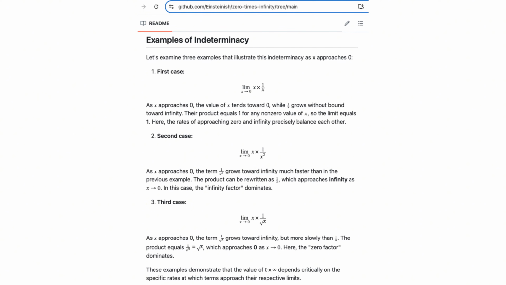Unlike determinate forms that always yield the same result, indeterminate forms can lead to any value depending on the specific functions involved. Let's examine 3 examples that illustrate this indeterminacy as x approaches 0.